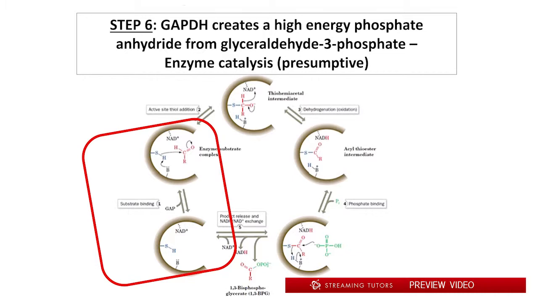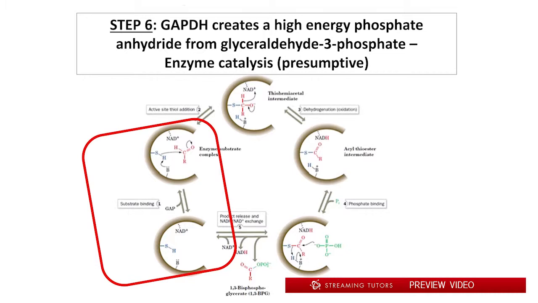Notice also that there is a sulfhydryl group projecting out. What is that? That is a cysteine side chain, as I'm sure you know. And then notice the basic group at the bottom acting to abstract a proton from that sulfhydryl group, making the residual sulfur aggressively nucleophilic. What does it do?